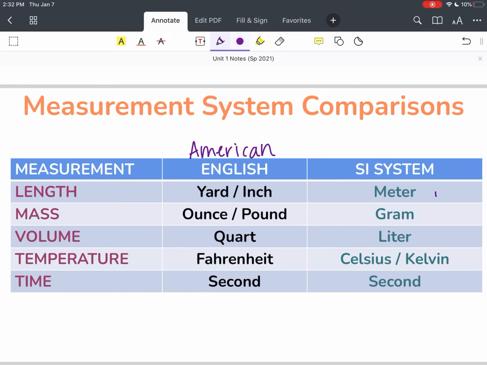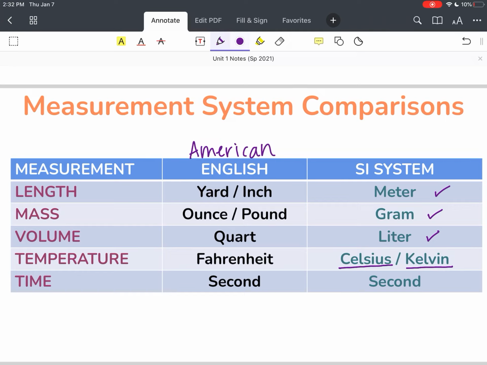Well, the SI system is a meter. Okay, for mass, or weight, we use things like ounce or pound. Really, in the SI system, it's grams. It should be liters for volume. For temperature, we're mainly going to use Celsius, but sometimes we'll use Kelvin. And then luckily time is measured the same everywhere, so it's still a second.